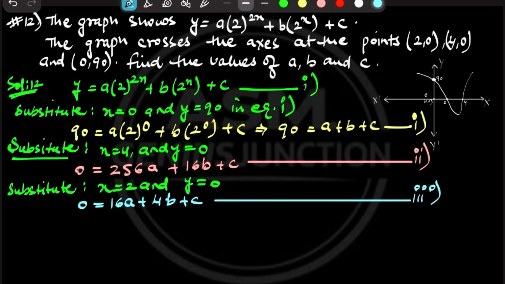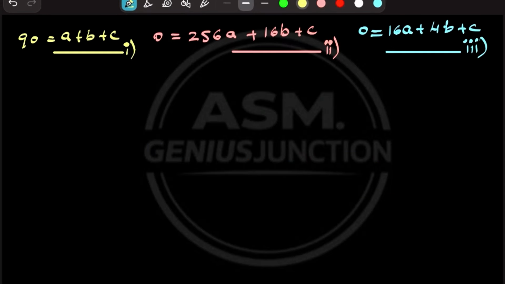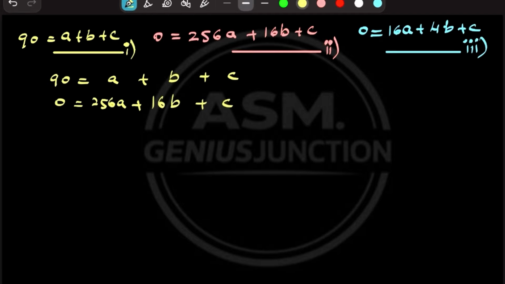So now we have 3 equations available with us and 3 unknowns as well. So this question becomes very simple now. We'll be using the process of elimination to solve 3 equations with 3 unknowns. Equation number 1 is 90 equals a plus b plus c, and our second equation is 256a plus 16b plus c equals 0.